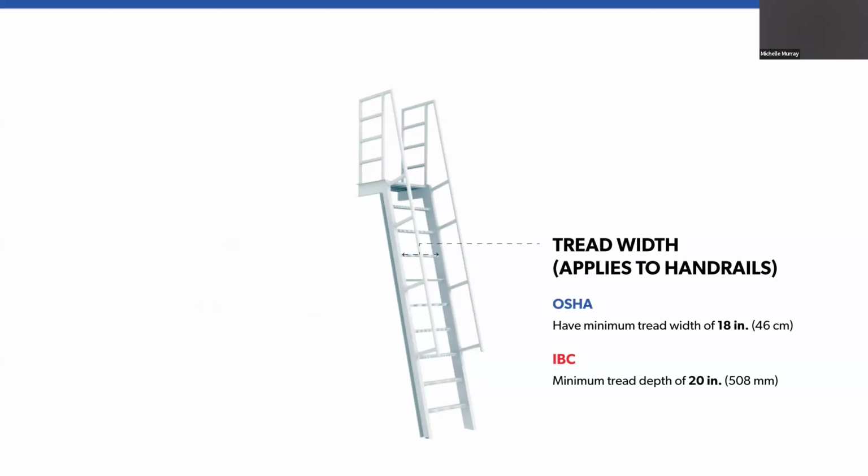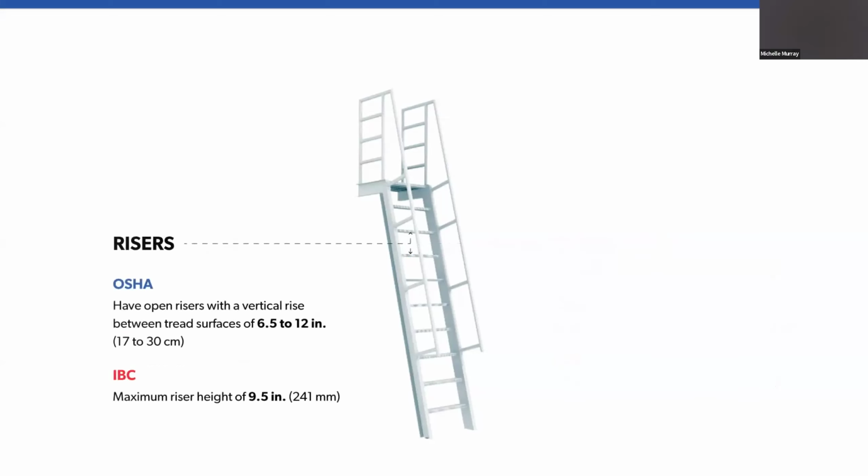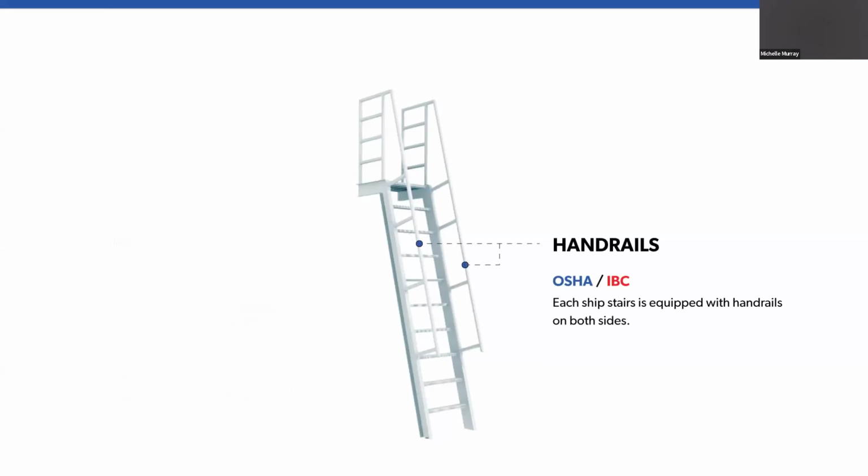Tread width for OSHA is 18, and minimum for IBC is 20. For OSHA, the rises can be between 6.5 to 12 inches, and for the IBC, the maximum riser height is 9.5 inches. Handrails are required for both OSHA and IBC.